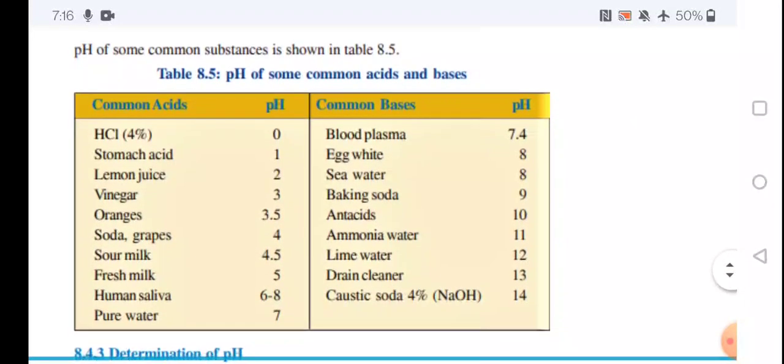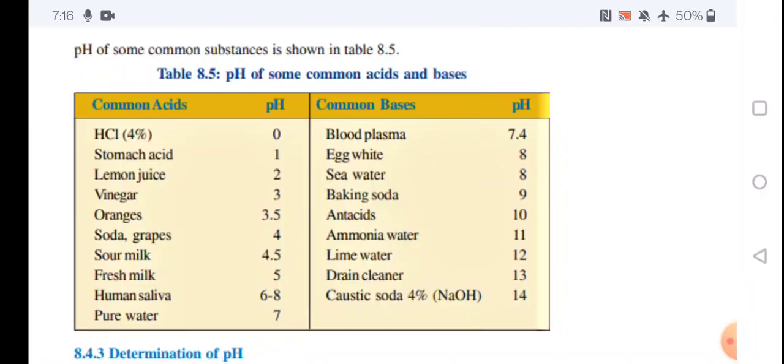Next, this is the table of pH of some common acids and bases. See, HCl at 4%, this is a common acid. As this is an acid, its pH value is 0. Stomach acid, its pH value is 1. Lemon juice, 2.